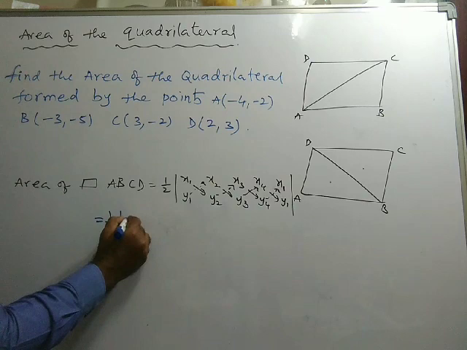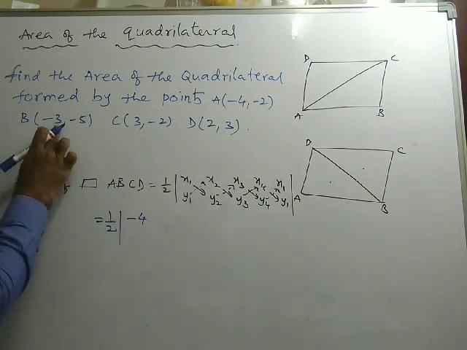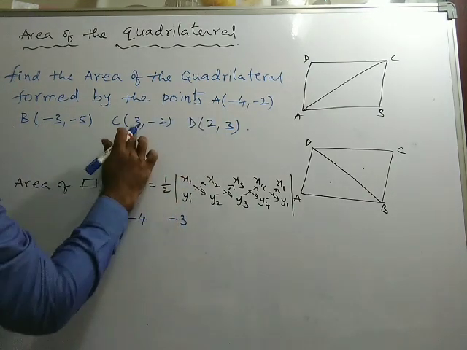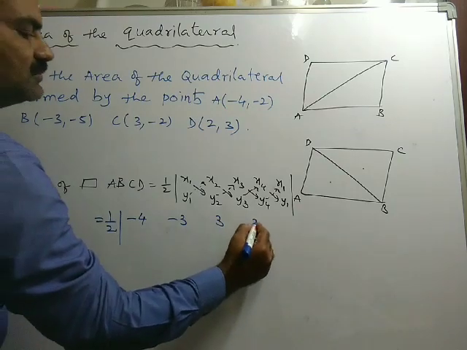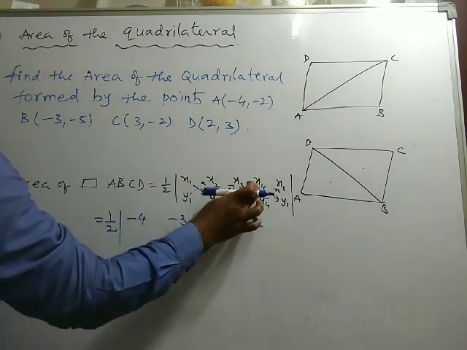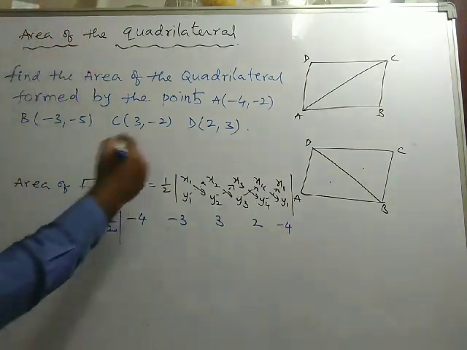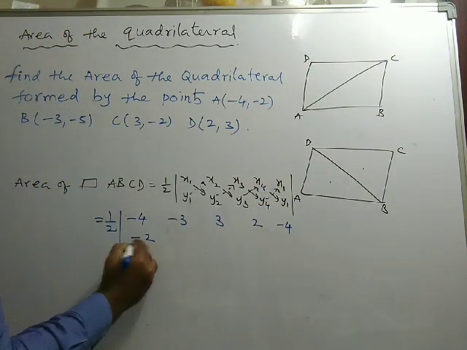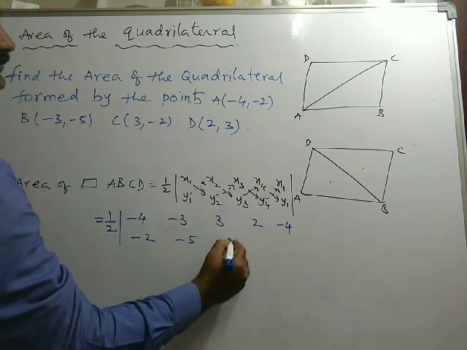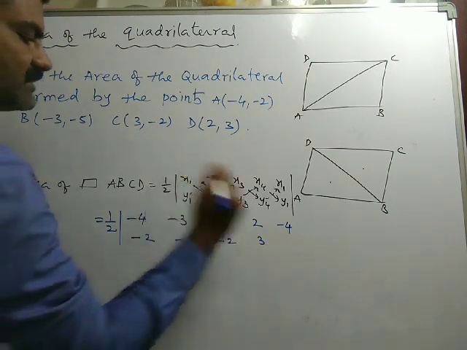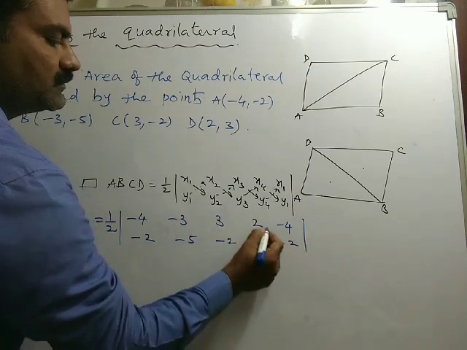Write down the x coordinates: -4, -3, 3, 2. After completing x4, we need to repeat the first one as it is, that is -4. Similarly, the y coordinates, and repeat the first one once again, that is -2.